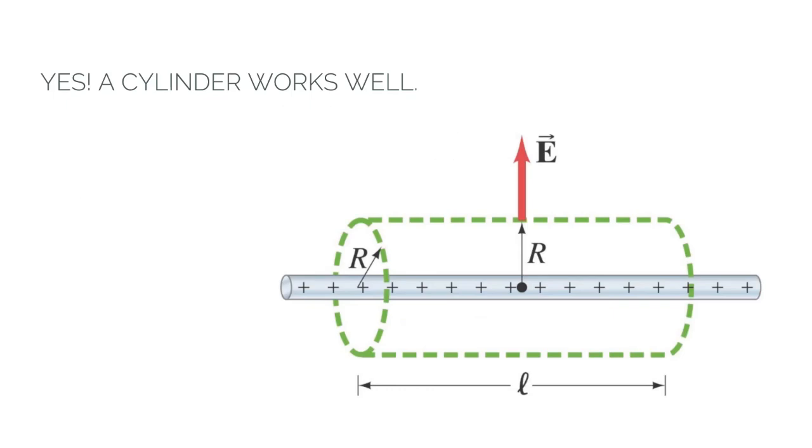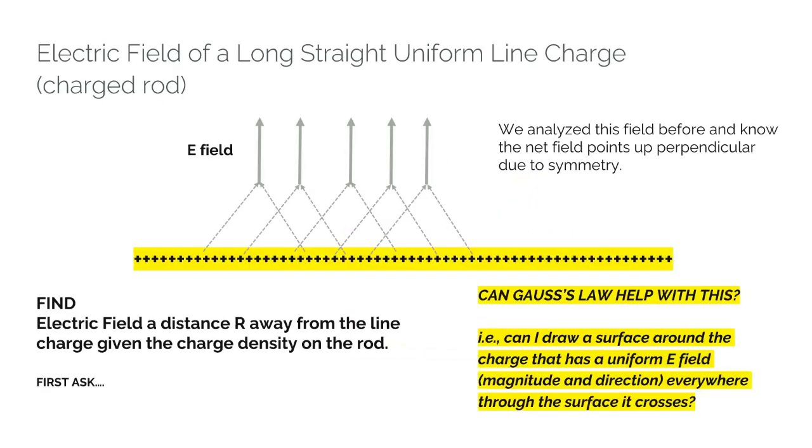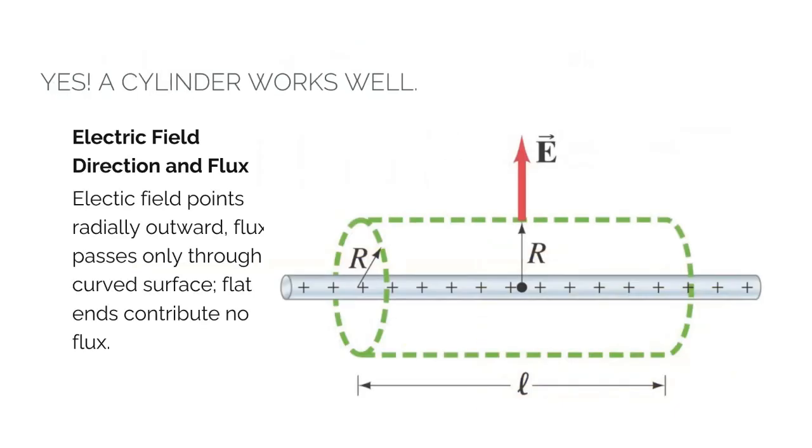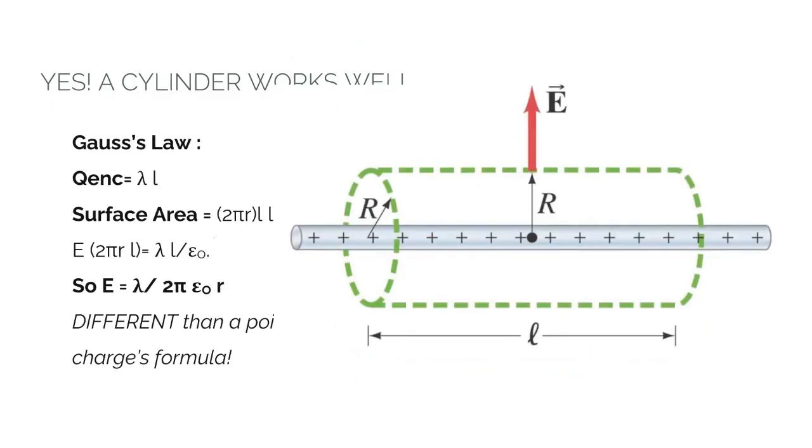Okay, so now how do we figure this out? Let's go back. We're going to take a certain distance r, that's going to be given to us by the problem. And we're going to find the surface area of the cylinder, right? We're going to be building our flux equation. So the surface area of the cylinder, and we're also going to be using Gauss's law, so that means we need the Q enclosed.